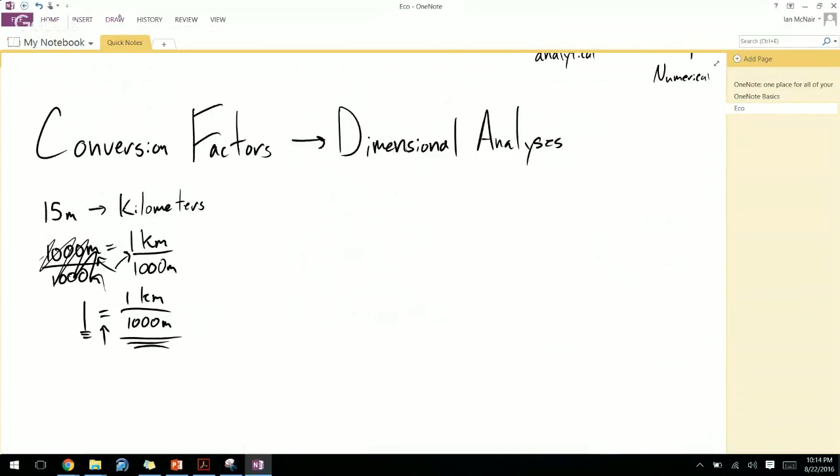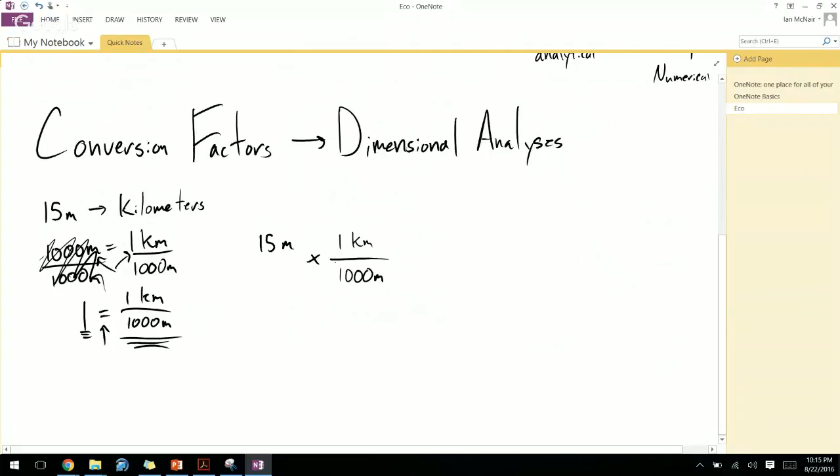So when we actually go to set up this equation, we have 15 kilometers, which is what we started with, multiplying by it should be 15 meters. That's my mistake. I'm getting ahead of myself. 15 meters times 1 kilometer over 1,000 meters.